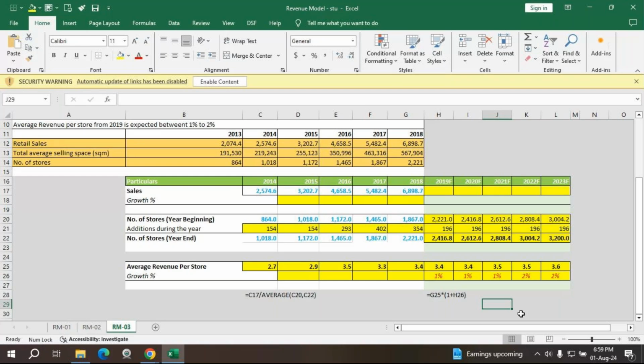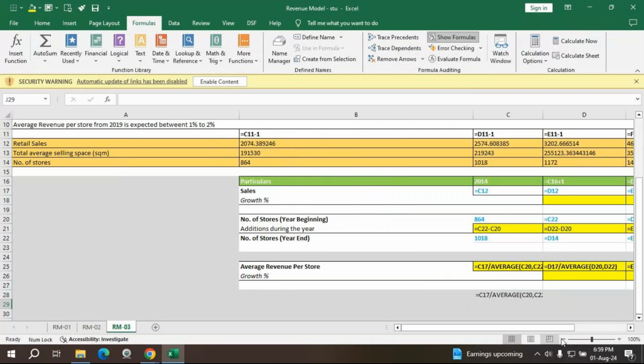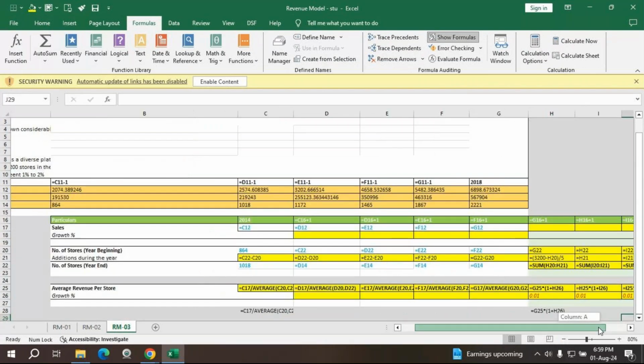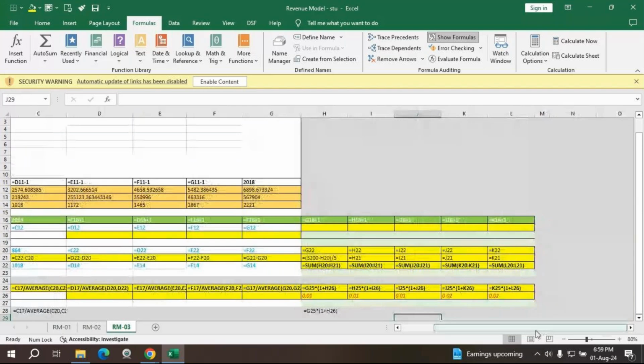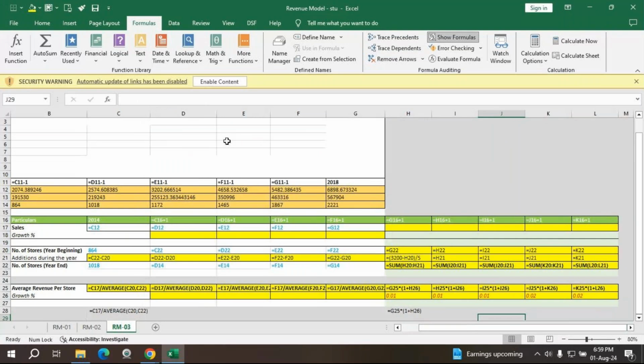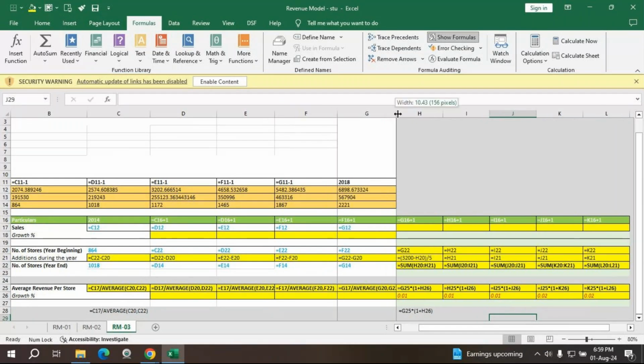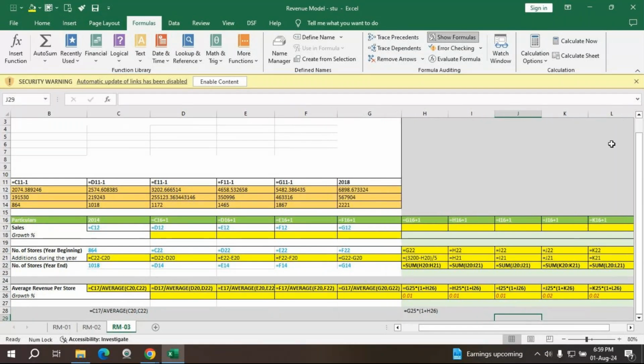Ma'am, can you please show the formulas? If I expand the formulas, I don't think you will be able to see the screen. Are you able to see? Don't just copy the things.